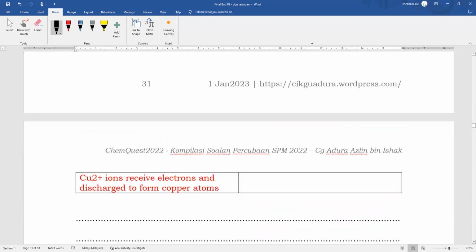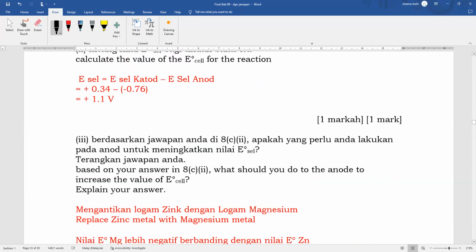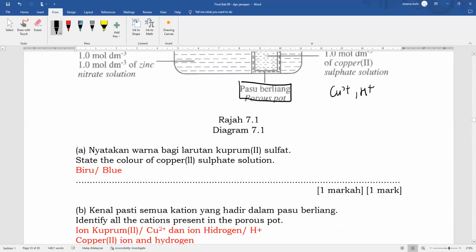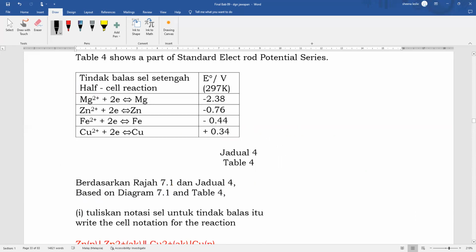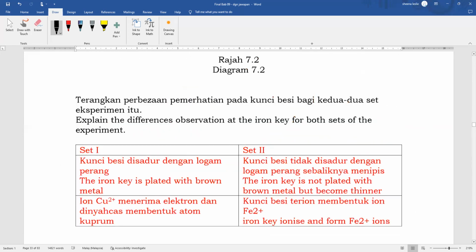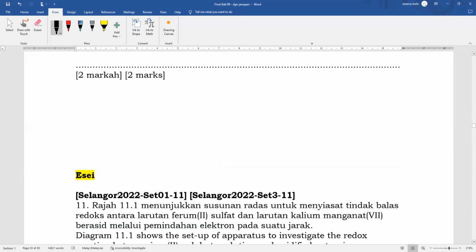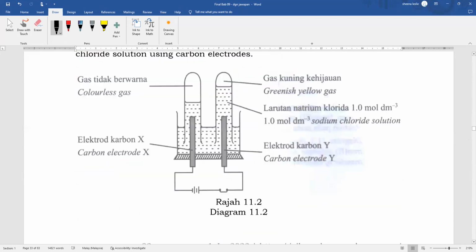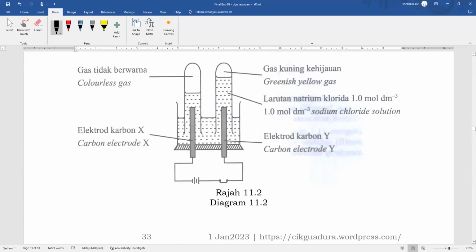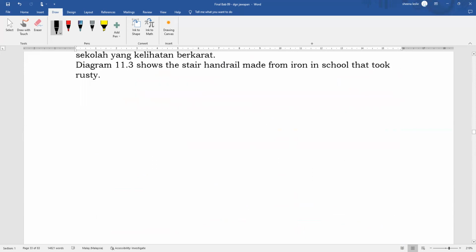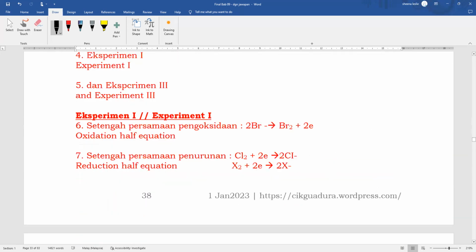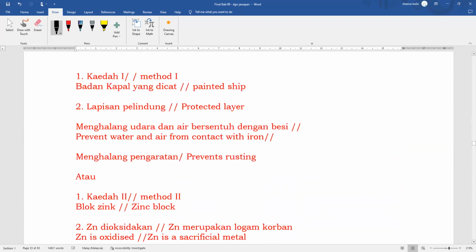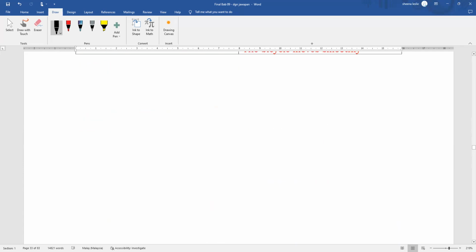Let me see if I can find a simpler electrolytic cell. Some we did yesterday, teacher doesn't want to repeat. Can you find one? Did you find one?